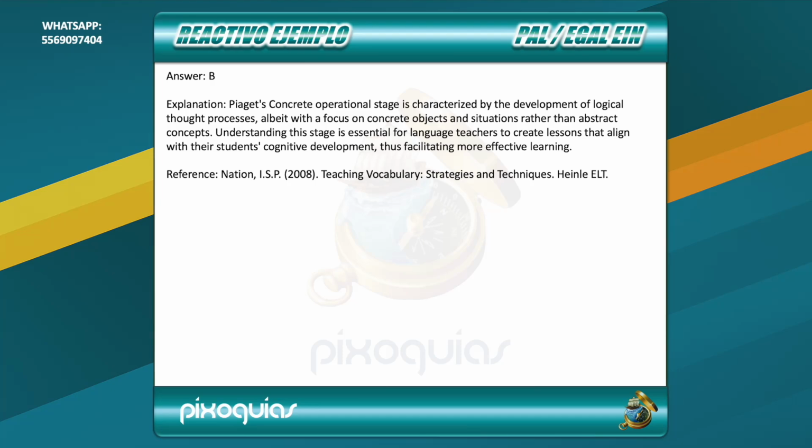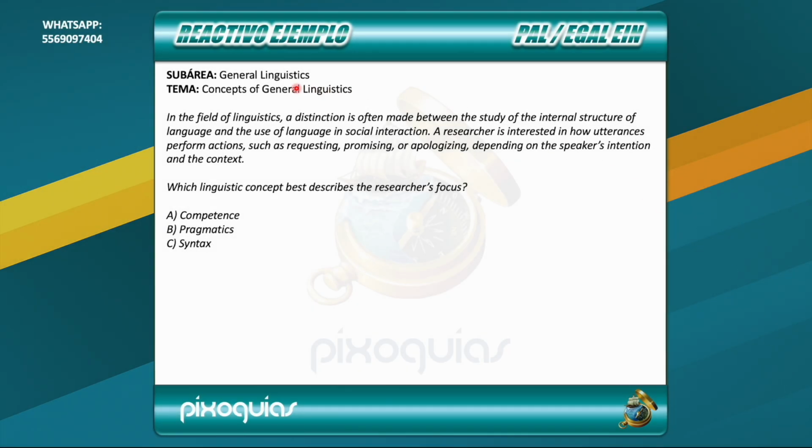Understanding this stage is essential for language teachers to create lessons that actually align with their students' cognitive development, thus facilitating more effective learning. This exercise is about the sub-area General Linguistics with topic Concepts of General Linguistics.